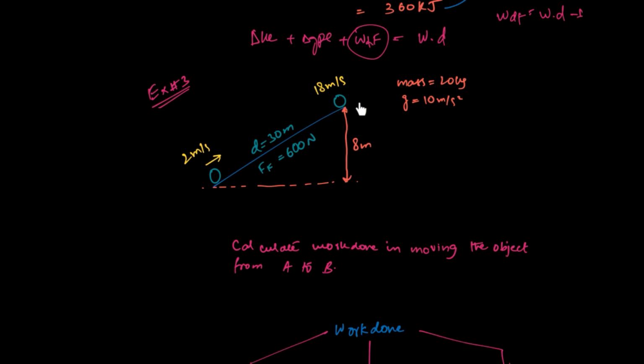As soon as the object reaches its final position, it has a speed of 18 meters per second. The distance of the slant height is 30 meters. The frictional force is 600 newtons, and the vertical height of the object at the maximum position from the ground is 8 meters. The question says, calculate the work done in moving the object from A to B.